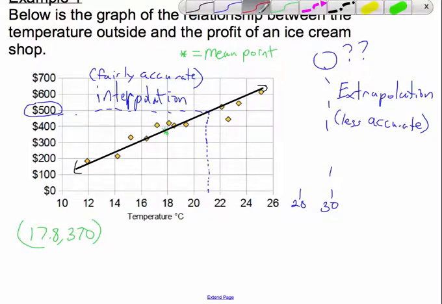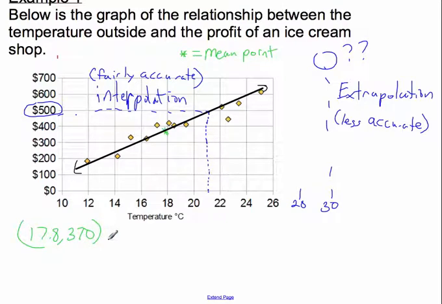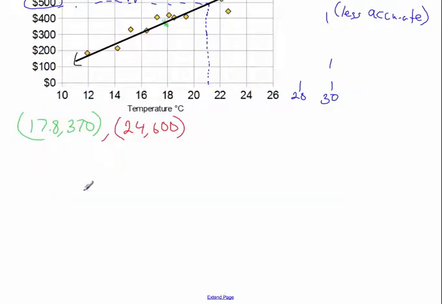If we had the actual data values, we could get a more accurate answer for the mean point, but that's a ballpark figure for now. And for another point on our line, we could choose this point, even though it's not our data value. That's 24, 600, right? So I'm going to use those two and find an equation of the line.